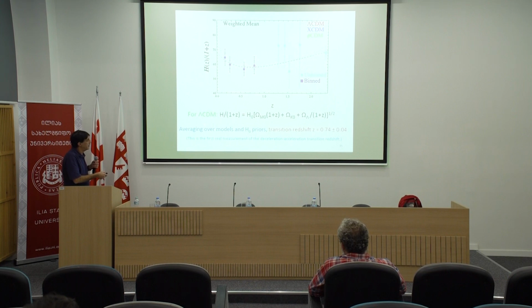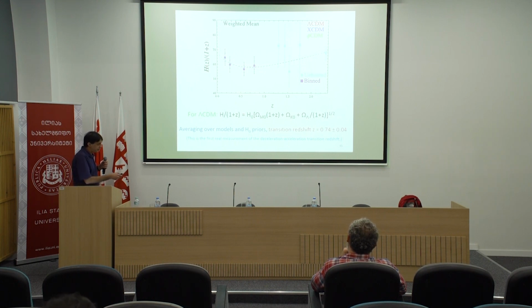If we look at this in the lambda CDM model, this quantity H divided by 1 plus z has the omega matter contribution, the omega curvature, and the omega lambda. As you go to smaller and smaller z, because omega lambda is about 0.7 and omega matter is only about 0.3, as z becomes small in the denominator, this becomes important.